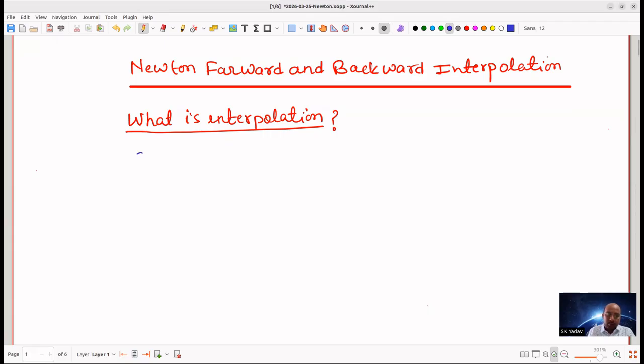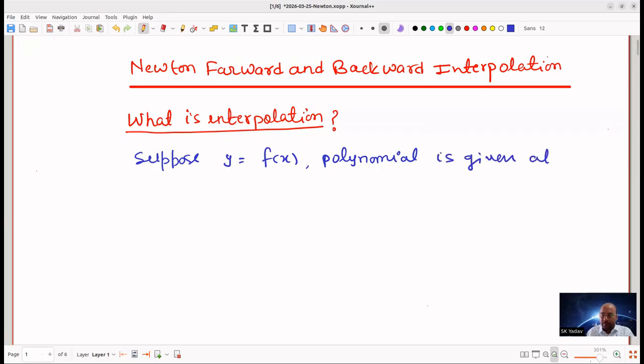Suppose you have given some values of function y equal to f(x), which is a polynomial, and this polynomial is given at n plus 1 number of data points.